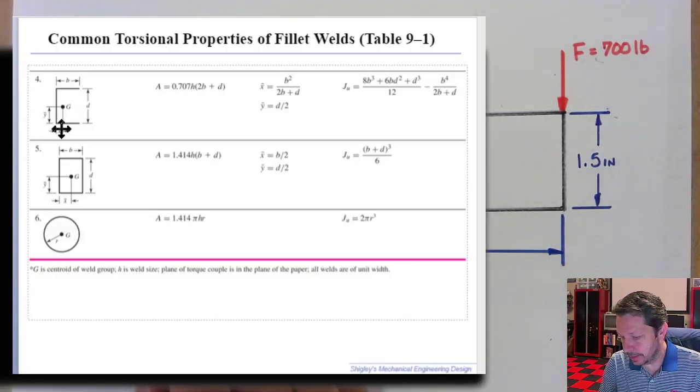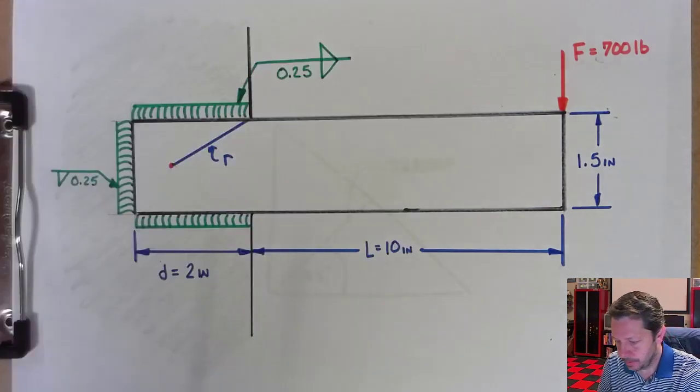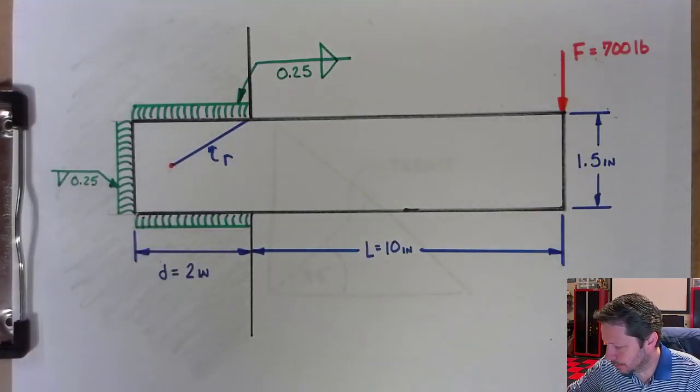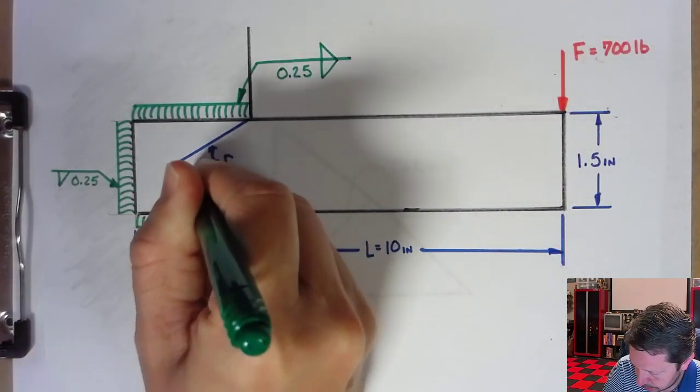Now, you can go in and treat these weld groups as rectangles and find their centroid that way. But for these that are in the chart, you do have equations already built out for finding the centroid. Now, in this case, we know this distance.